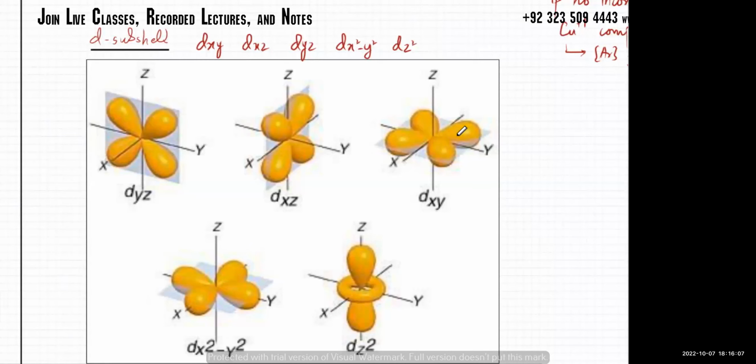For dxy, the electron density lies between the x and y axis. Then you've got dx square minus y square. That's just a name. It means the electron density lies exactly on the x and y axis. And finally, the 5th one, dz square, looks different from all the other ones.